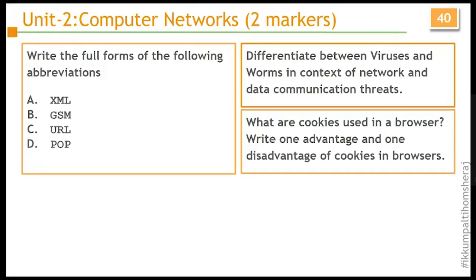And these are dangerous because through cookies, any Trojan horse can take our data and give it to some remote server. So it is good as well as bad. However, as computer science teachers, none of us should save cookies for long. We should keep killing the cookies which are getting saved in our browsers.